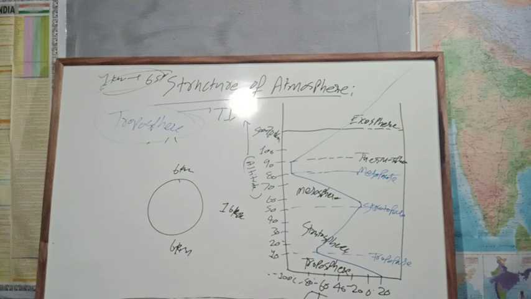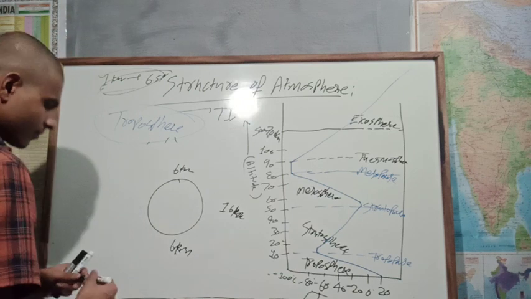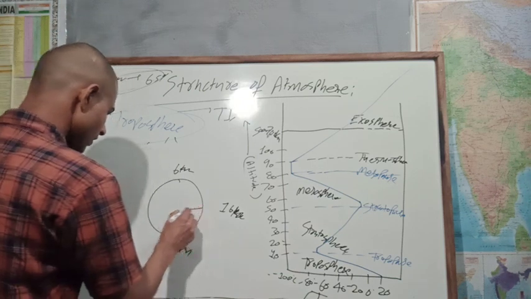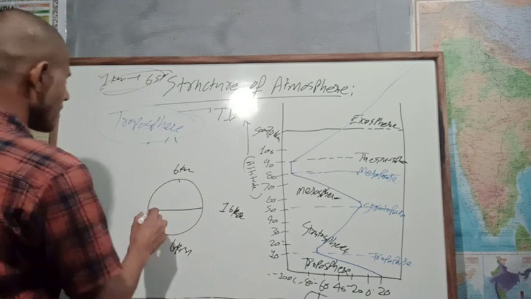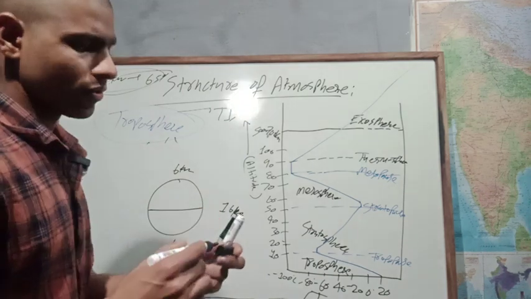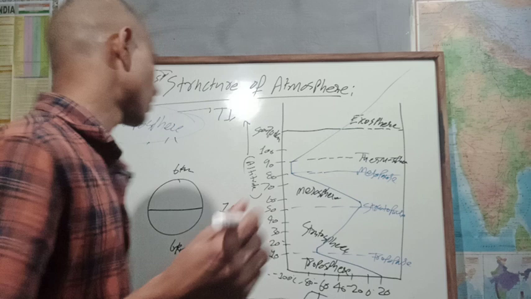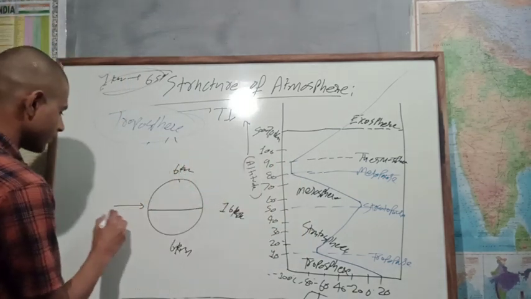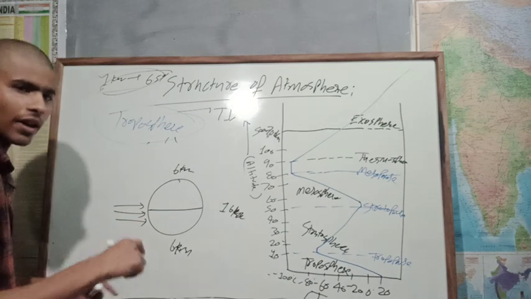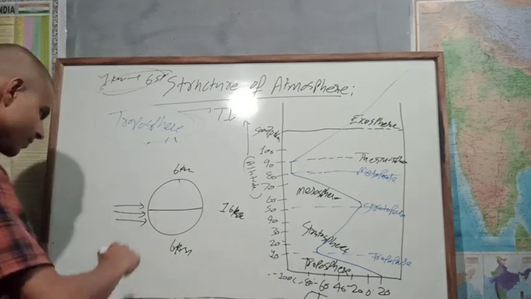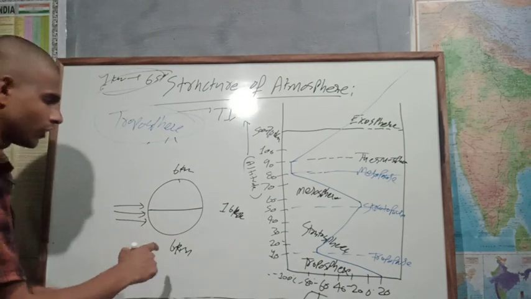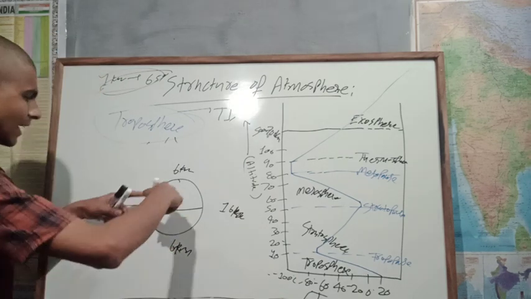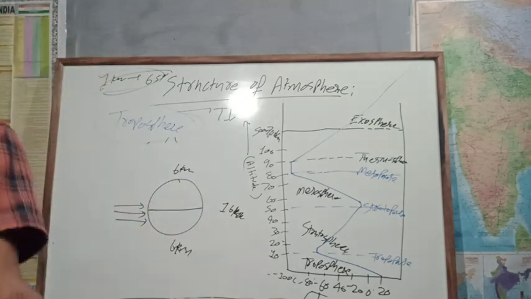I'm going to tell you the concept here. Look, guys, this is the equator. The equator receives vertical sun rays. When there are vertical sun rays, it will receive maximum heat. So the gases there will absorb the heat.